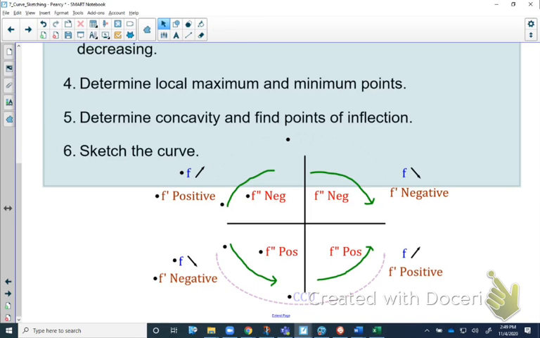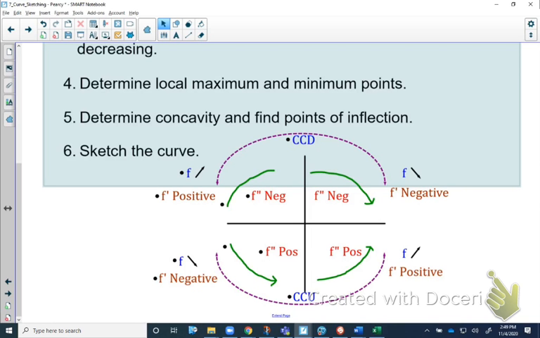And I forgot the concavity here. This is illustrating that whenever the second derivative is positive, regardless of what my function itself is doing, that's going to show you that you're going to be concave up at that point, which makes sense. We want it to go down one way and then up the other way for it to be concave up.